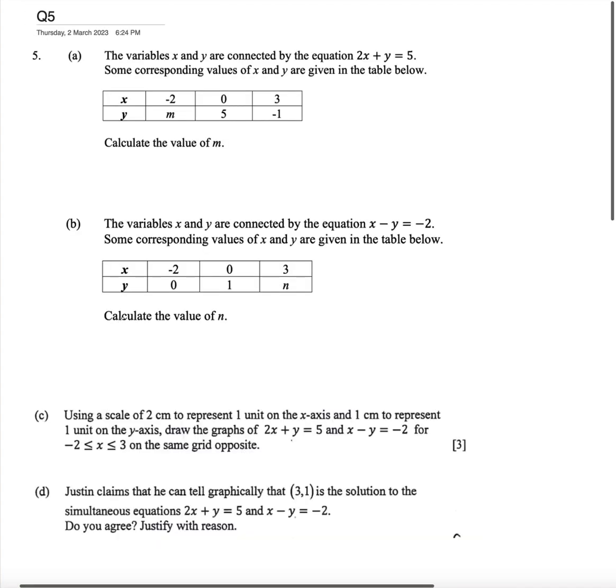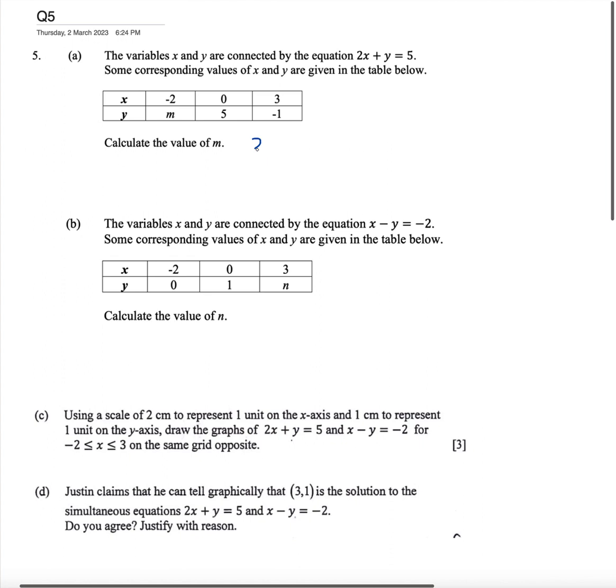In the next sum, we have a graph question, and the first part requires us to calculate the unknown value of y when x is minus 2. So m is the value of y, and we need to find out what is m. We substitute into the equation.